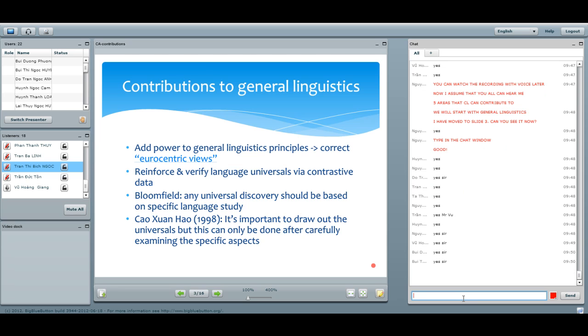Now, within our discussion on the contribution of contrastive linguistics, it's important to mention two very famous linguists, Bloomfield and Professor Cao Xuân Hao. I just want to give you a quiz. Which area of linguistics is Bloomfield well known for?